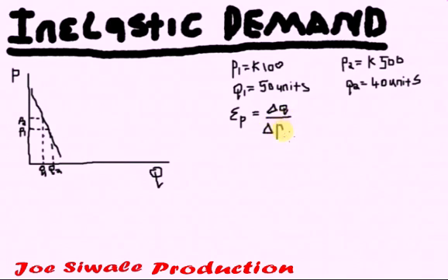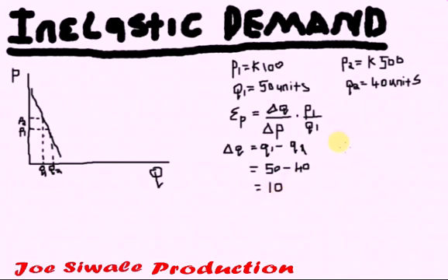So we say EP is equal to change in Q over change in P multiplied by P1 divided by Q1. So the first thing I'm supposed to do is to find the change in Q and the change in P. So the change in Q is equal to Q1 minus Q2. My Q1 is 50 units minus my Q2, that's 40 units, and 50 minus 40, that's 10.